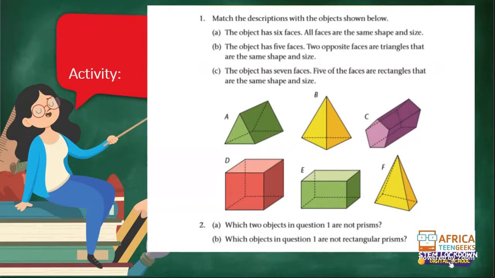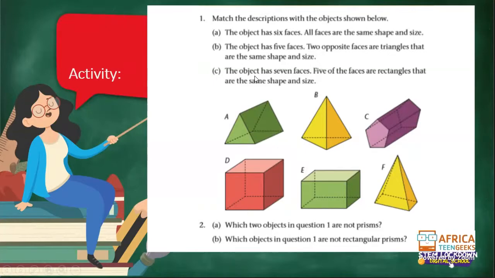Let's look at A. A has got 1, 2, 3, 4, 5 faces, and the 2 opposite faces are triangles. Here's one triangle, and there's another triangle, and they are opposite faces. So A is the perfect match for B.